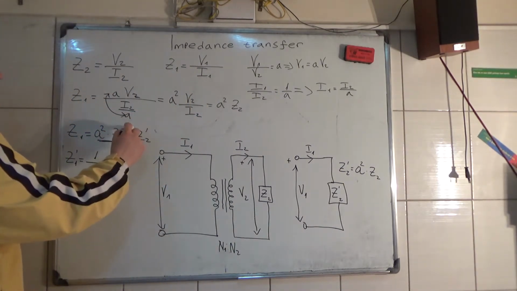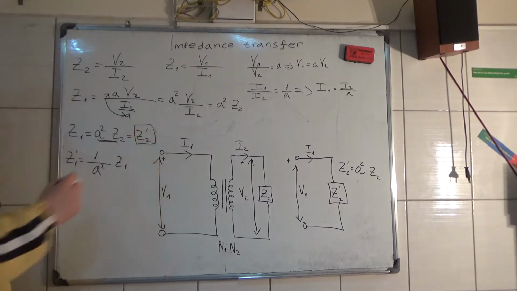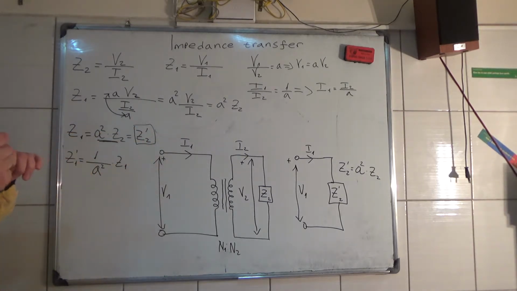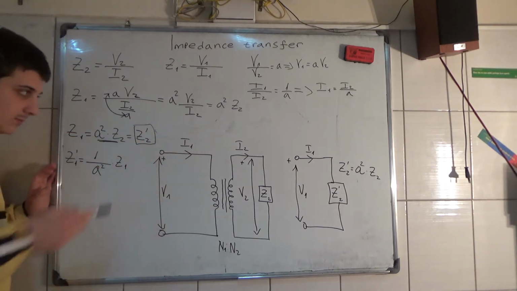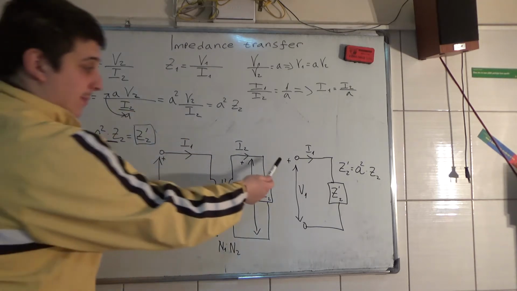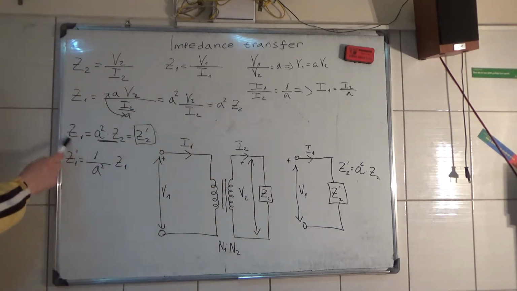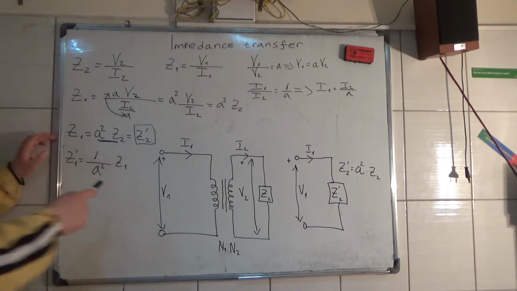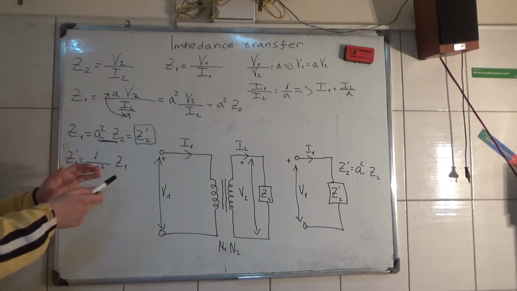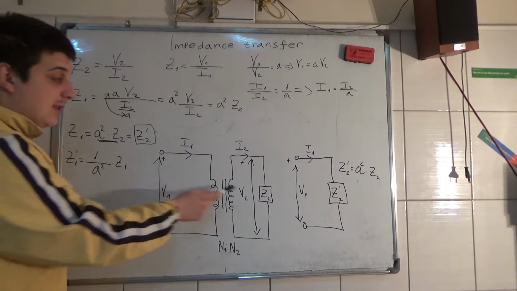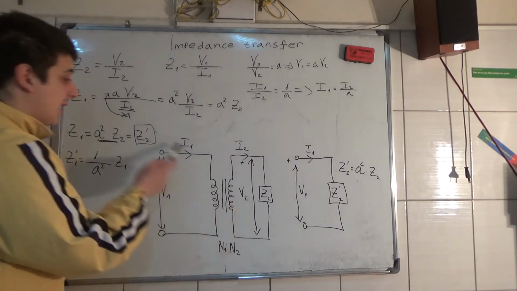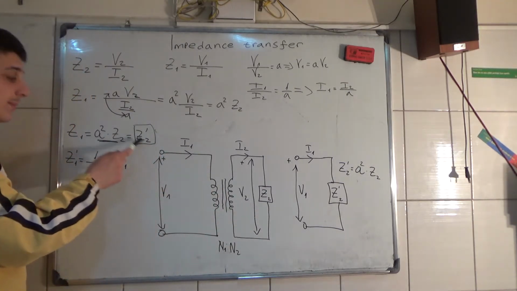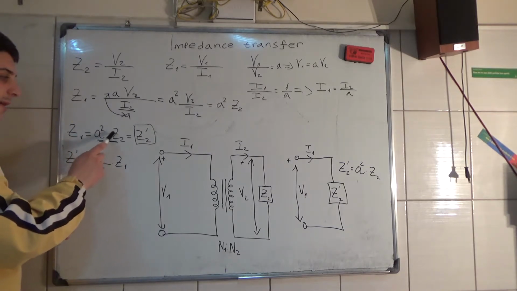Okay, now I copied this here, A squared Z2, and this is equal to Z2 prime. So this here is the transferred impedance on the primary side. So if you're looking from the primary side, this impedance is equal to Z2 prime, which is equal to A squared times Z2.